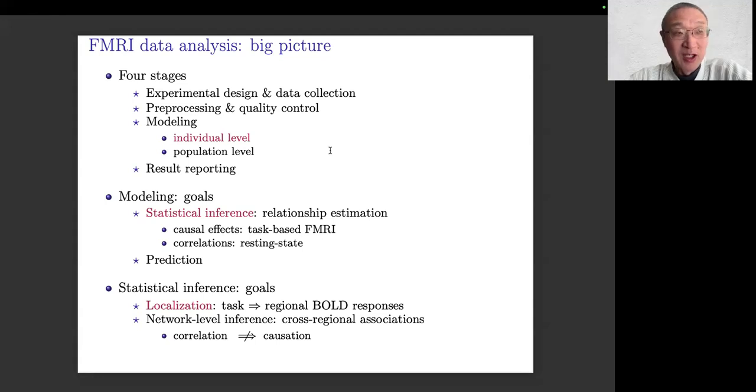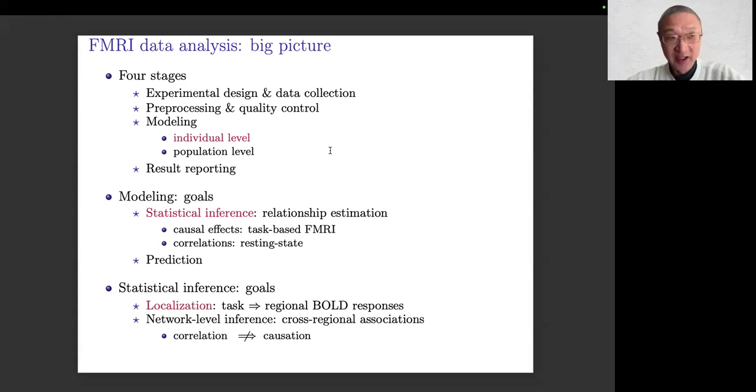That means because we specifically design experiments with some tasks to manipulate the brain, to force the brain to respond to some specific tasks, in that way we can say to some extent something about the causal relationships, because we manipulate it, then we see some changes. That's pretty much like a clinical trial. So we can make some causal inference.